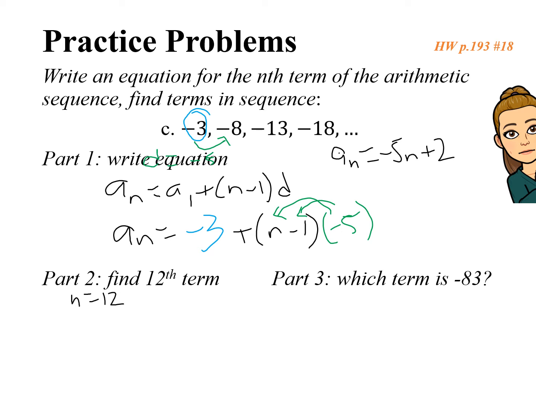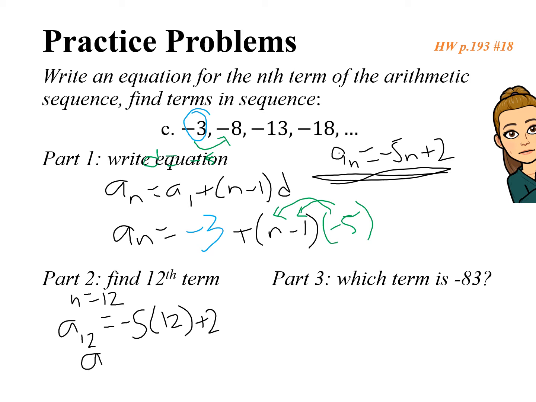So I'm going to take my equation, a sub 12. The 12th term is going to equal -5 times 12, my n value, plus 2. I'm using this equation from right up here. When I simplify, -5 times 12 is -60, plus 2. So I find out that the 12th term is -58.